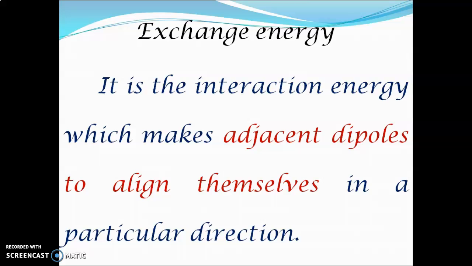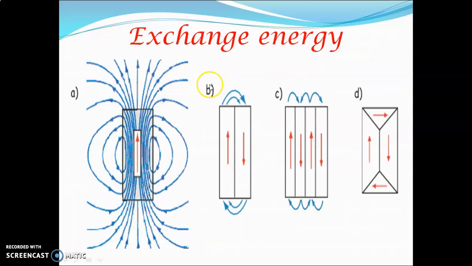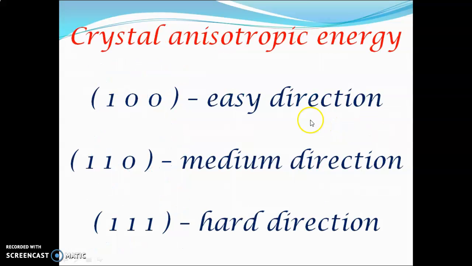As we saw earlier, when you apply energy, the domains are arranged in a particular direction. When you apply a magnetic field, you can see it exchanging from A to B. That is called exchange energy.